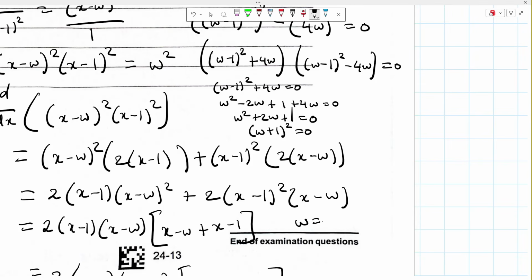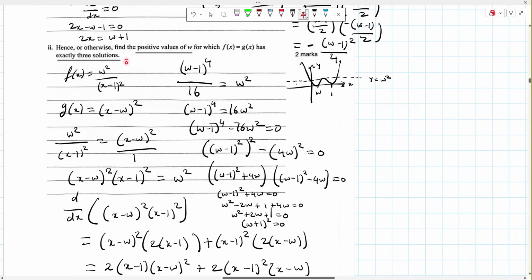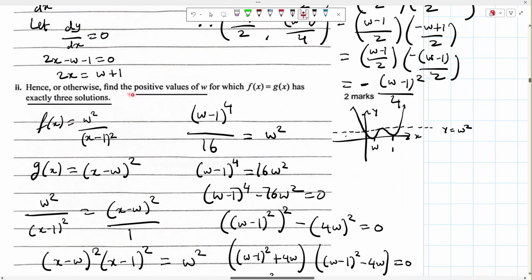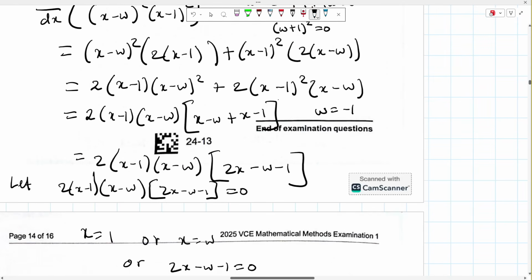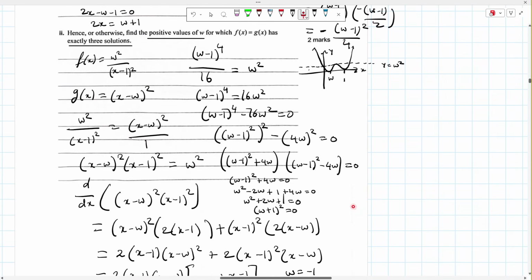And so we get w is equal to negative 1. However, we are going to reject that because we only need to find the positive values of w. So reject w is equal to negative 1, as w is greater than 0. We still have the other part to do.